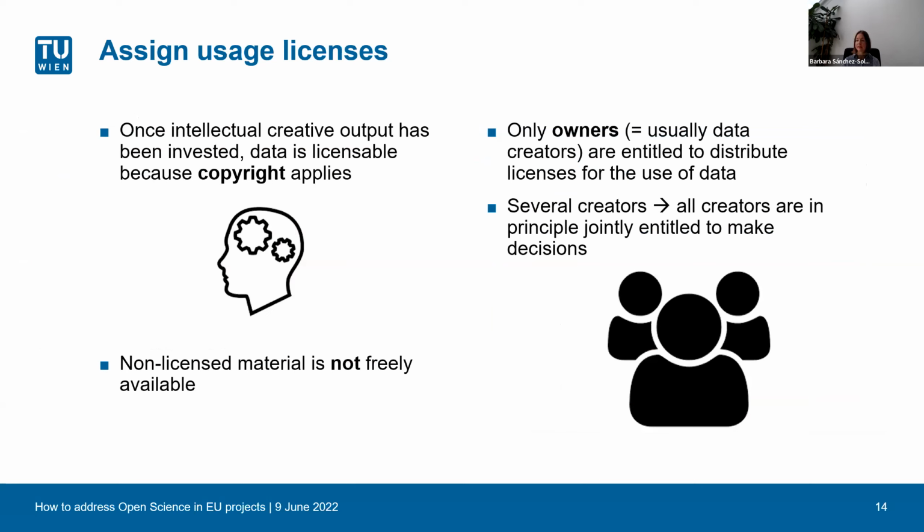The thing is, once you have put some intellectual creative output into your data, the arrangement of data, the process, somehow copyright applies. And once copyright applies, you must assign usage licenses, because if there is no usage license, people who find your data set do not know what they can do with it. So non-licensed material does not mean it is usable.